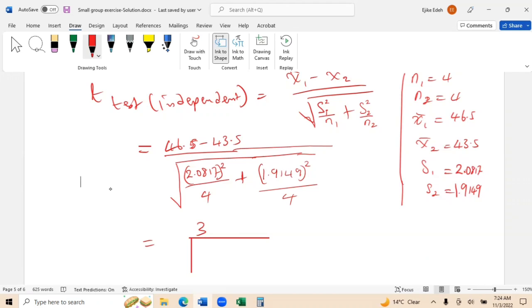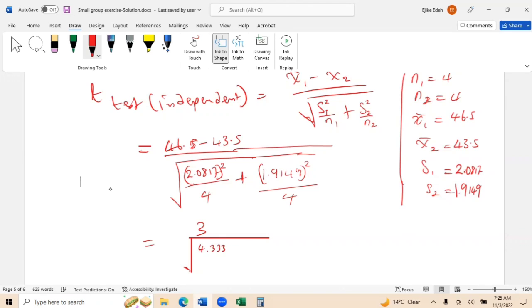So first I'm going to do 2.0817 raised to the power of 2. That gives us 4.3334 and all that. Let's do it in parts, just in case you are having a different thing in your calculator, to be sure you know where the error is coming from.